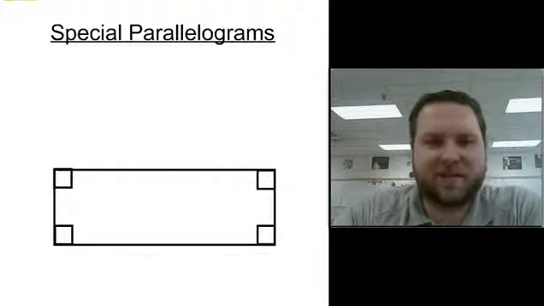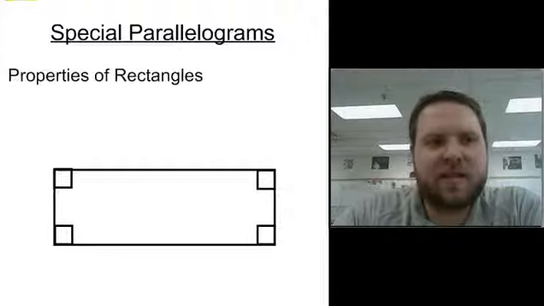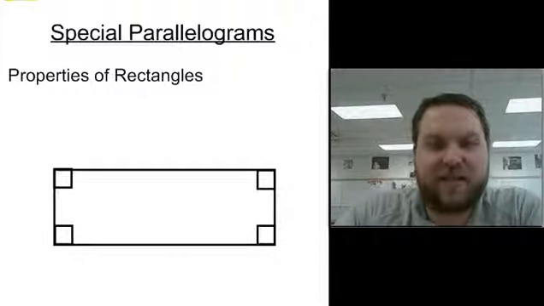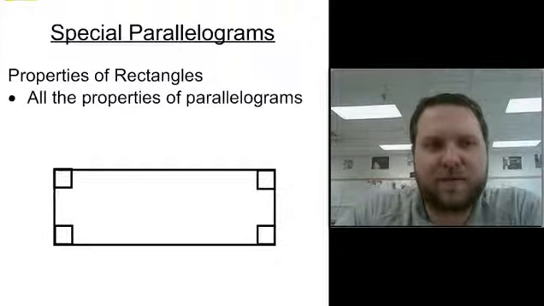Alright, here's some other properties. Remember we said this objective was just kind of a listing of all the properties we needed to know about these shapes. So here's some of the extra special properties of rectangles. The stuff I'm about to say here is true of just rectangles and not other parallelograms. So first, it does have all the properties of a parallelogram because it is a parallelogram.